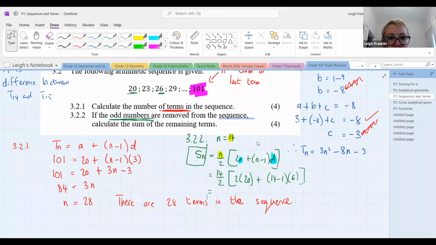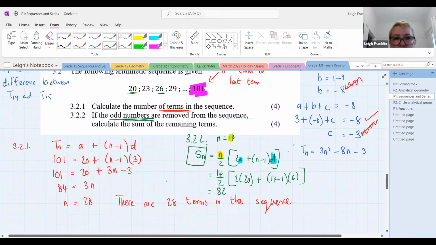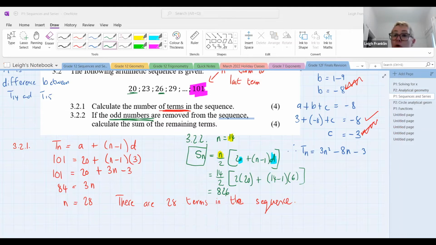What are you guys getting? Yes, and Tibucheng, what did you get? Do you want to ask a question? Yes, since you said a is 20 because it's an even number, if the first one was an odd number, then we would have to take the next one, which was an even. Correct. Absolutely.